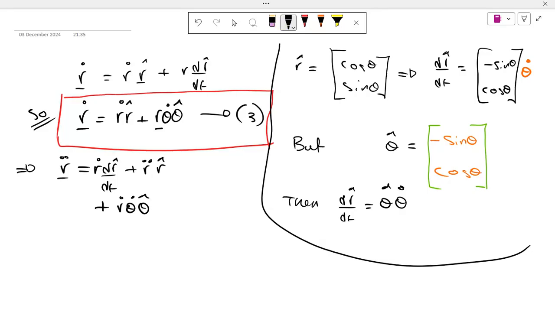So we've differentiated the r, leaving these two alone. And then we differentiate the theta dot, leaving the r and the theta hat alone. So we get r theta double dot theta hat.